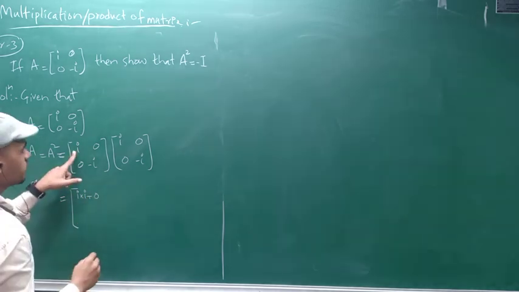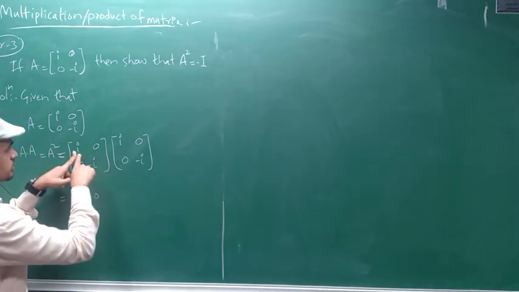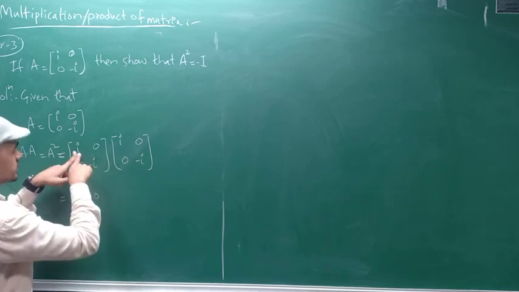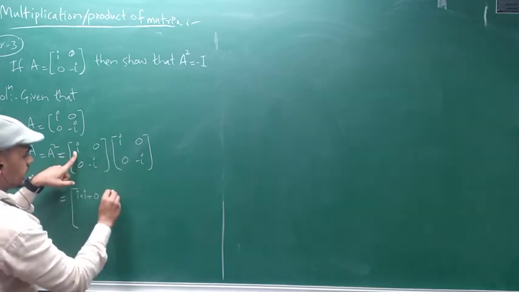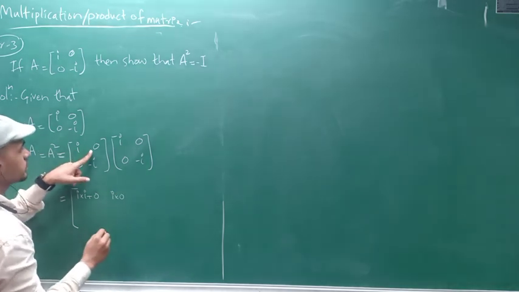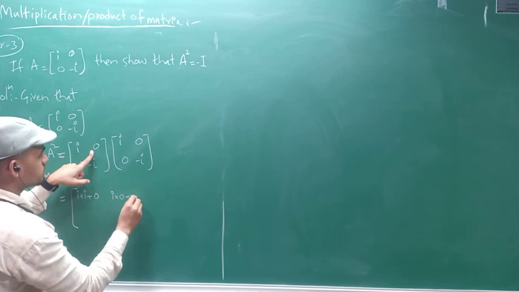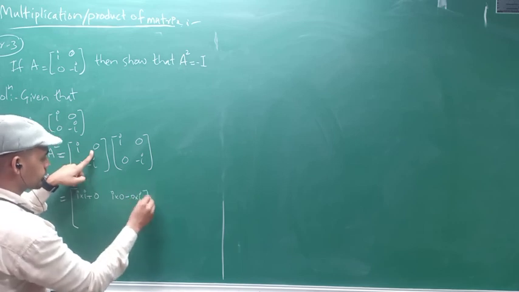Then first row second column with corresponding elements: i into 0 plus minus 0 into i.